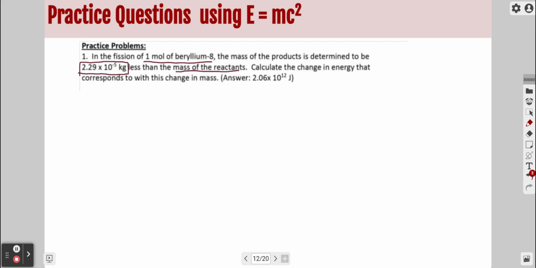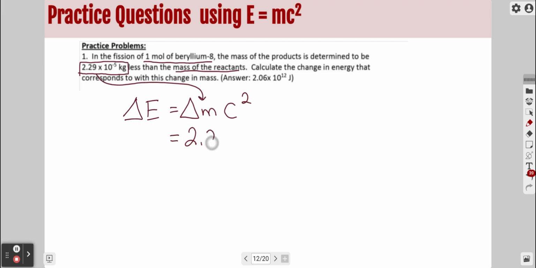Okay, so here we're going to use Einstein's formula. We've got the change of energy is equal to the change in mass, or the mass lost, times the speed of light squared. So our change of energy, they actually give that to us in our questions. We don't have to calculate it this time, but we will in the future.